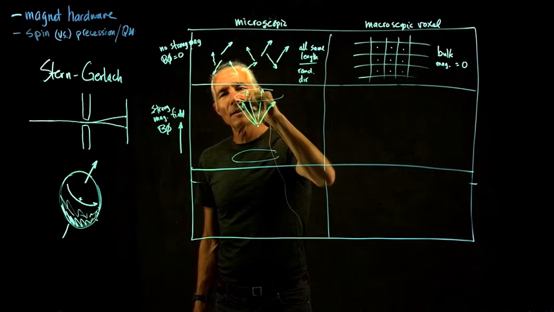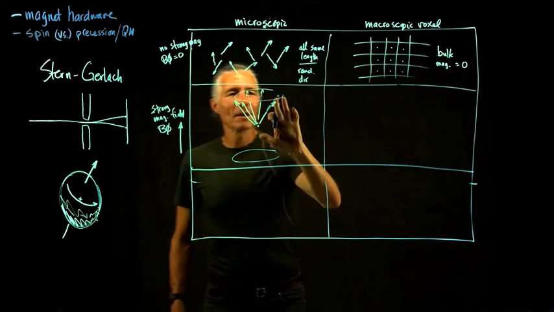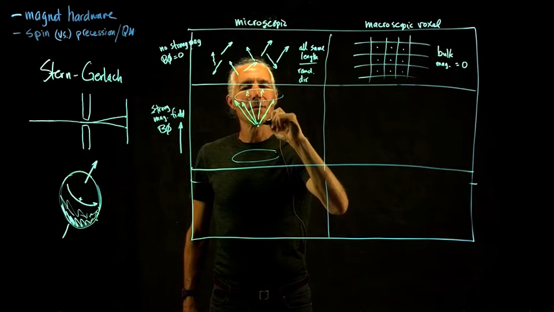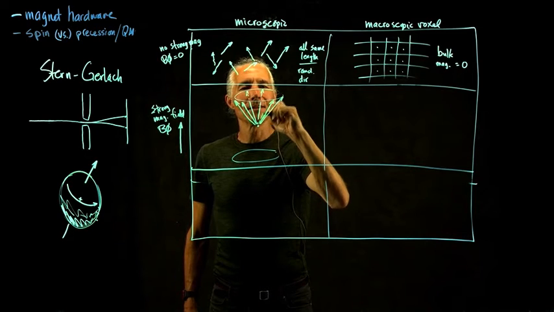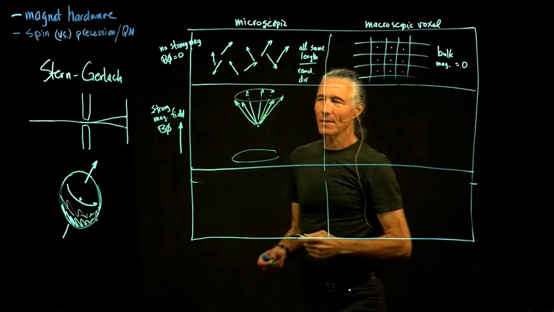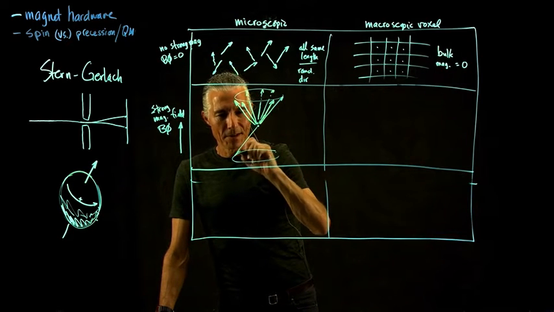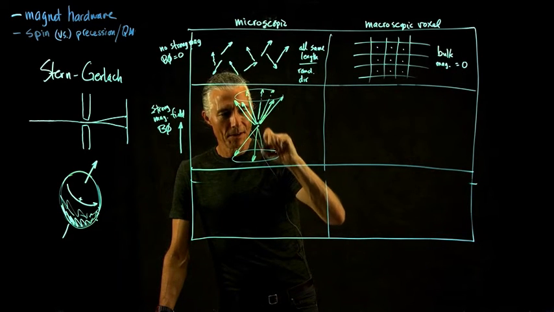But they've got this strange property: since they're quantum, they're always at an angle of 54.4 degrees relative to the magnetic field, or they're at negative 54.4 degrees.